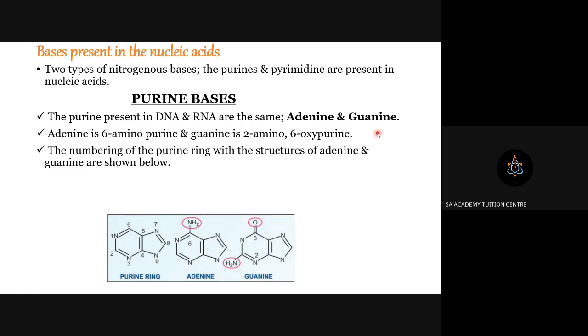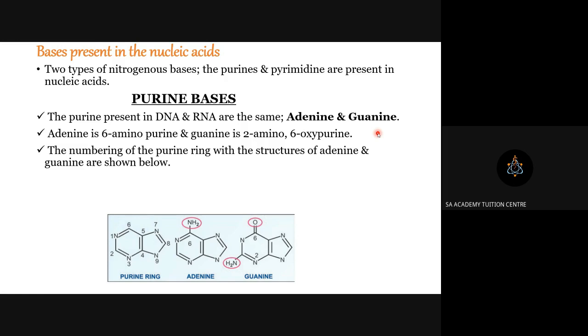You need to know how to count the numbers on the rings. They are not carbons; they are just numbers. Then guanine is a 2-amino 6-oxypurine. What that means is that at position 2, there's an amino group attached, and at position 6, there is an oxygen attached.